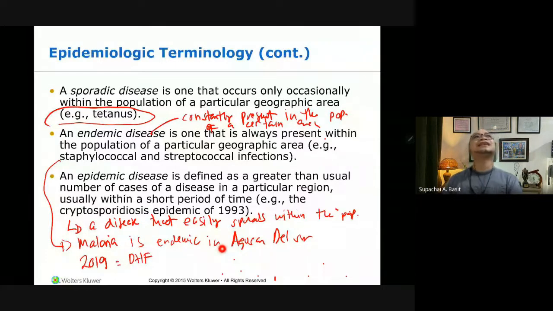It easily spreads, and many of the hospitals became congested with dengue hemorrhagic fever patients in Dasmariñas in 2019. So that case is considered an epidemic because the disease easily spreads within the population.